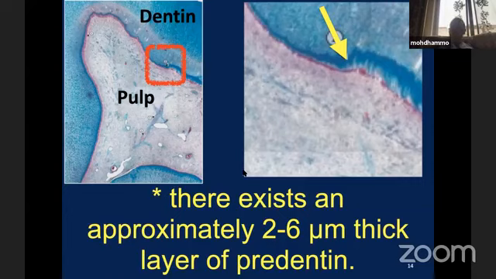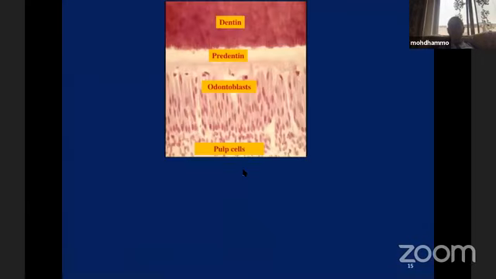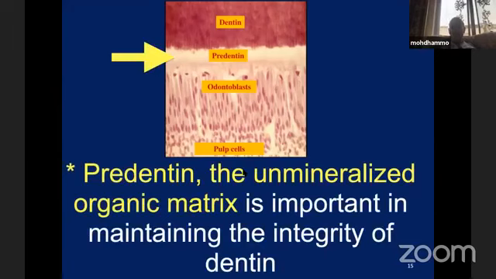It is an unmineralized organic matrix, and it is important in maintaining the integrity of the dentine. So now we are looking at the odontoblast, then predentine, then dentine. And remember, predentine is an unmineralized layer.